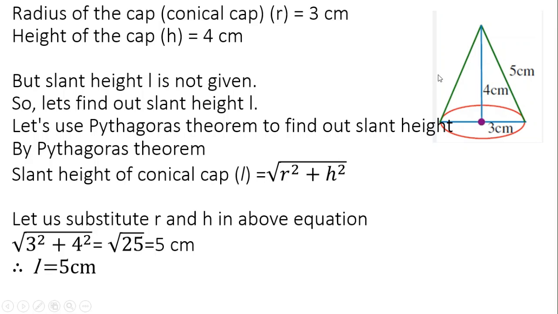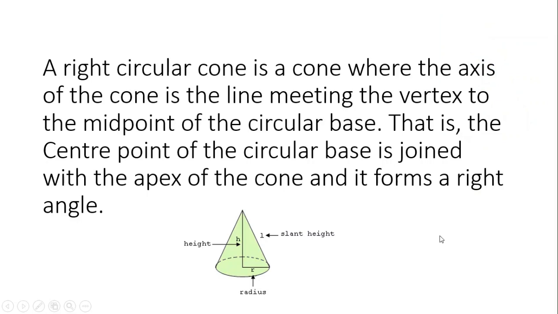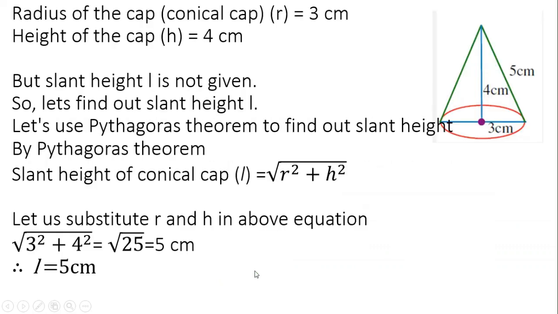Pythagoras theorem states that in a right angle triangle, the hypotenuse square is equal to the sum of the squares of the other two sides. Here this is the right angle, l is the hypotenuse, h is one side, r is one side. So l square is equal to h square plus r square.